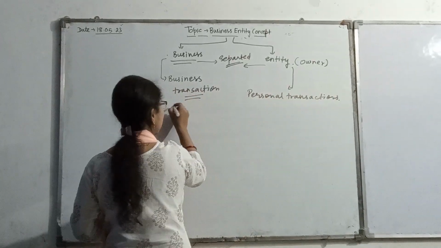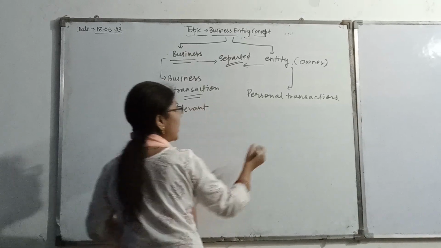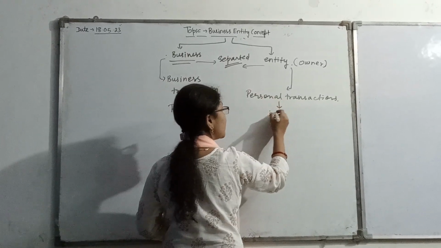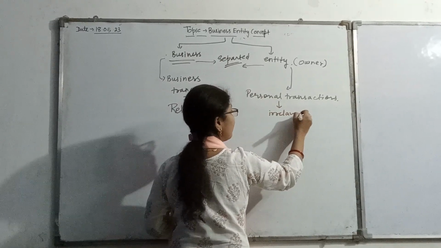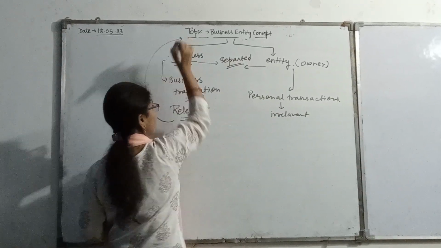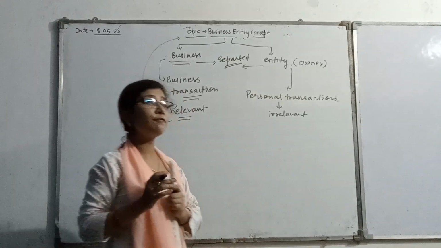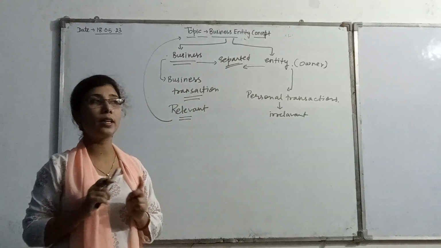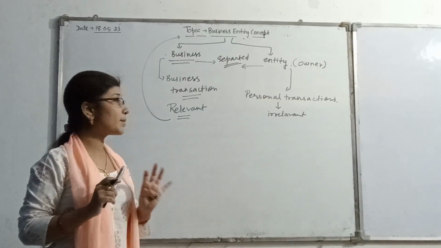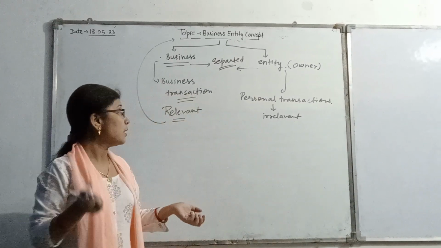Now, business transactions are relevant for the business and the personal transactions are irrelevant for the business. The relevant transactions are recorded in the business, and the personal transactions which are irrelevant are not recorded in the business. This concept says business is differentiated from the owner.